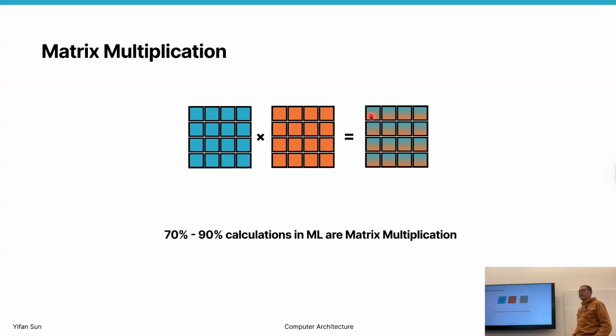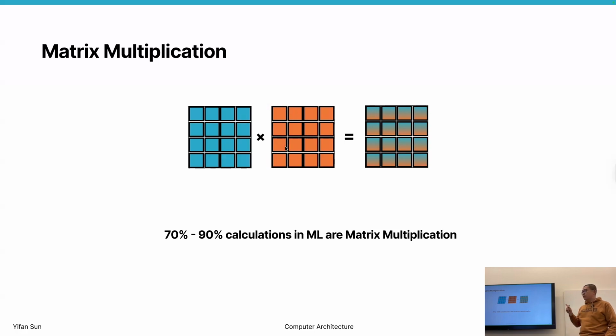So how do we calculate this one? You have to use the first column from the right matrix. Or the first row. It's the row here and the column here, right?